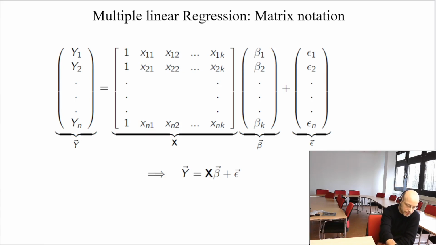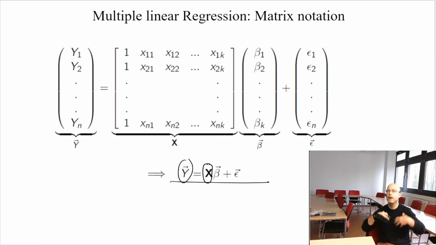And you see, then we have, of course, a dependent vector y. This is now our sampled data for all independent variables x.